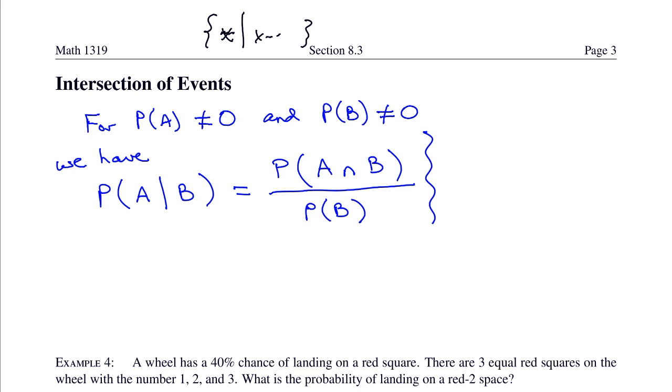Equivalently, I could also write the following. The probability of B given A. This would be the probability of B intersect A, but A intersect B is the same as B intersect A. It's still just two sets being intersected. So I'm going to write that as A intersect B.